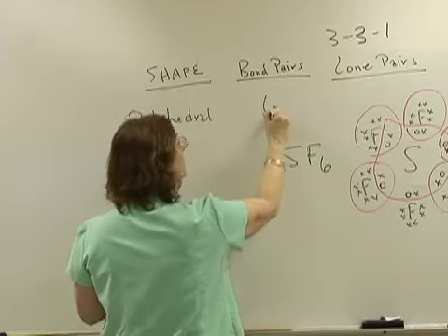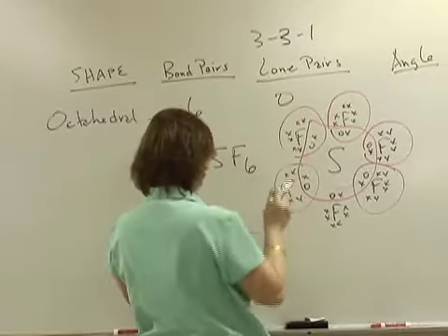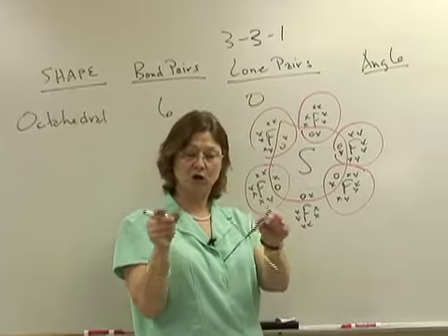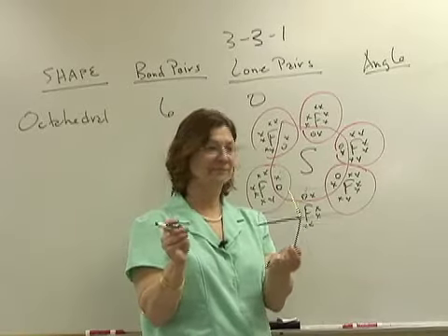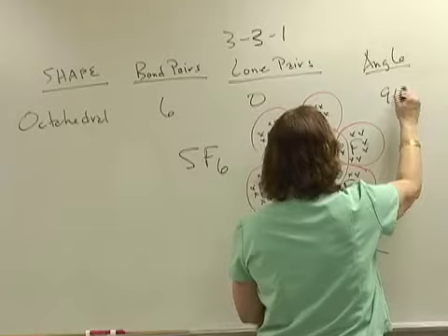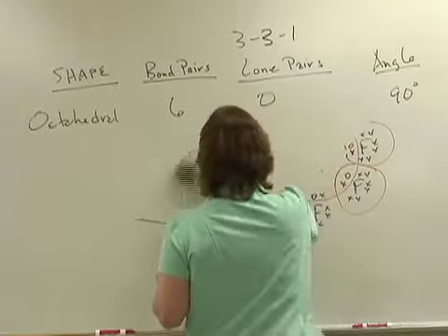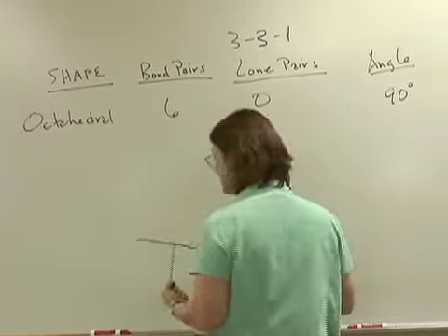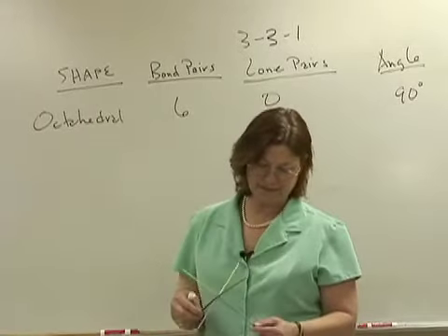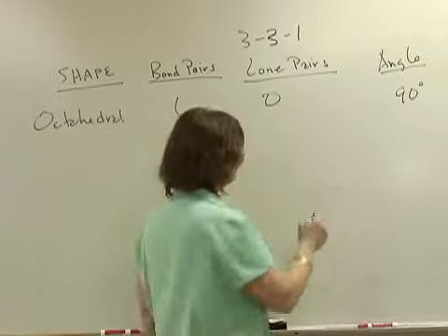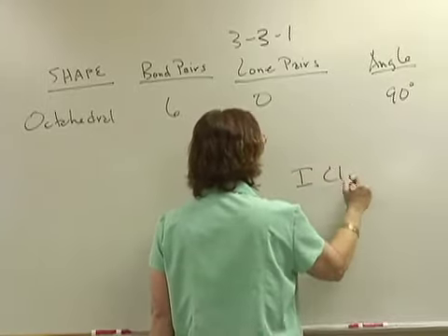We have 6 bond pairs and no lone pairs. And we see that we have 90-degree angles all over the place. The next one that we're going to discuss is ICl5.